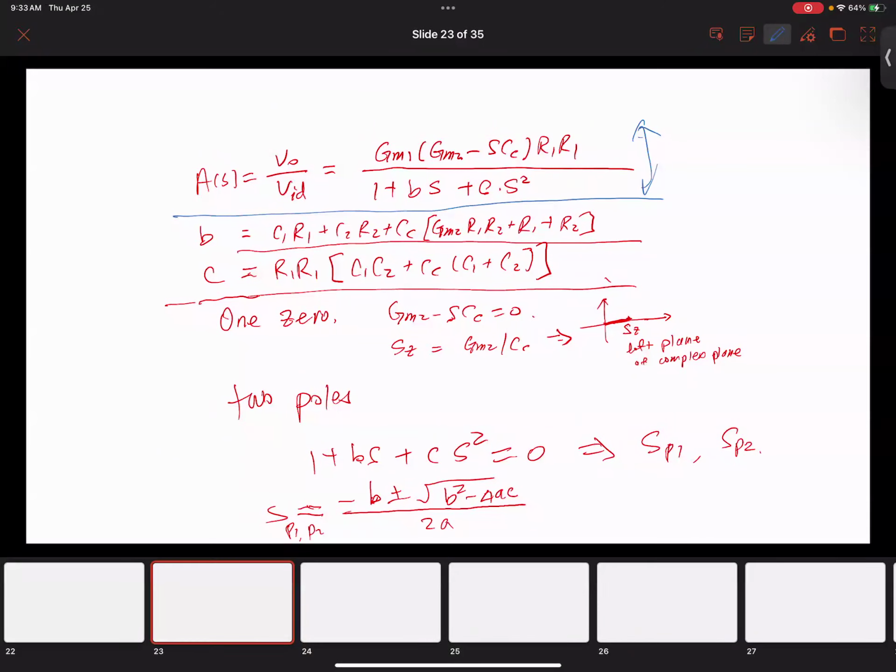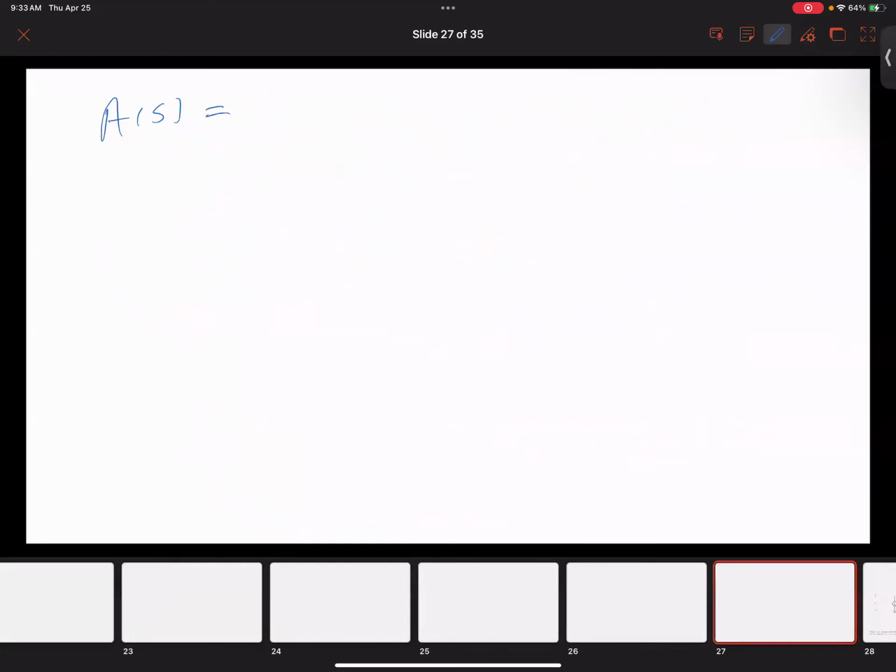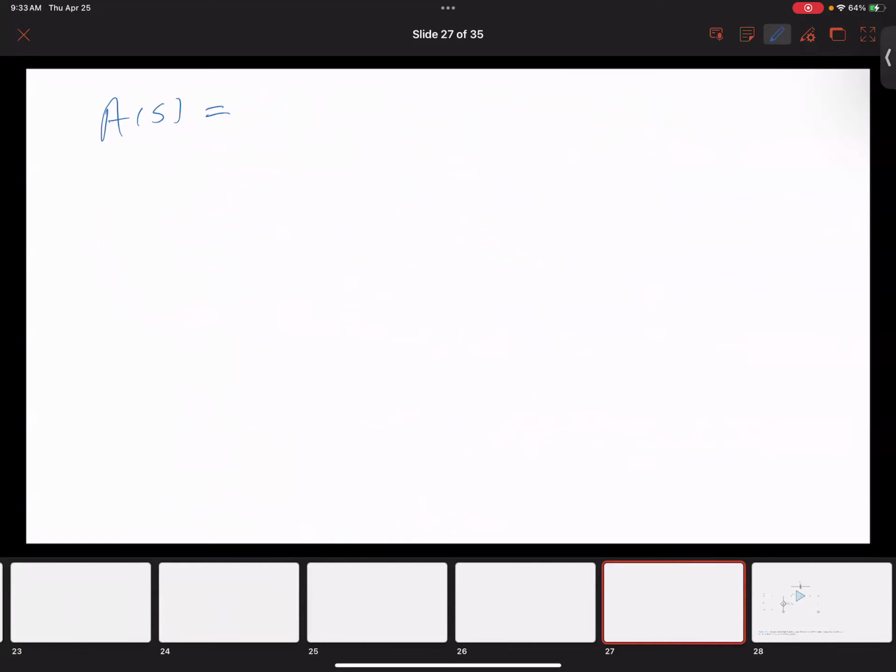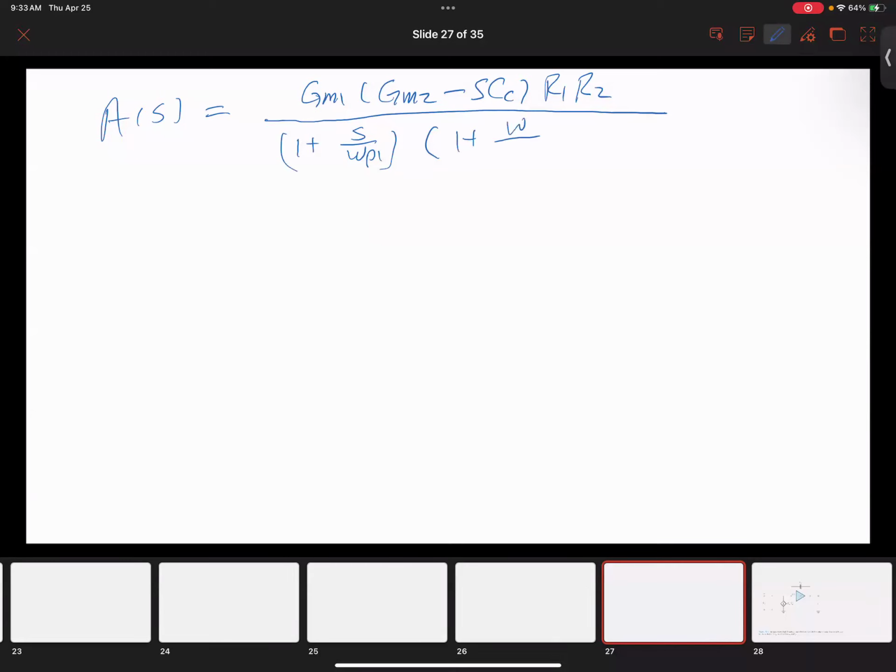Now we're going to plug in this one and get this equation: GM1 GM2 minus SCC times R1 times R2 over, in the denominator, 1 plus S over WP1 times 1 plus S over WP2. So we have one zero and two poles for the transfer function.